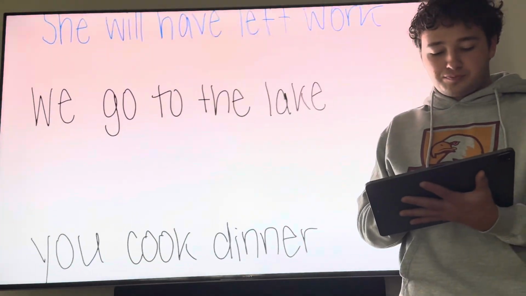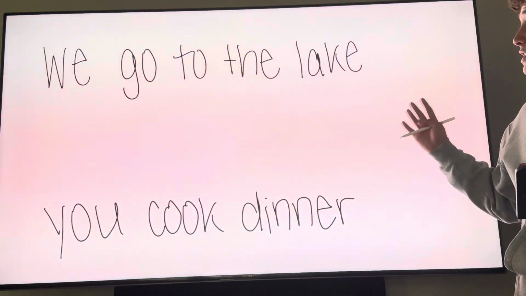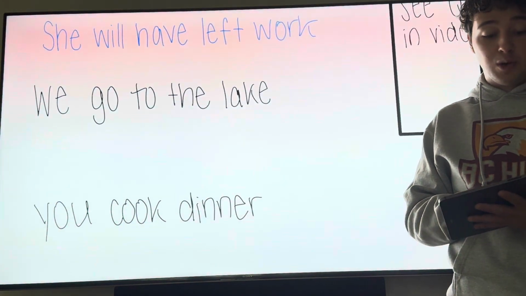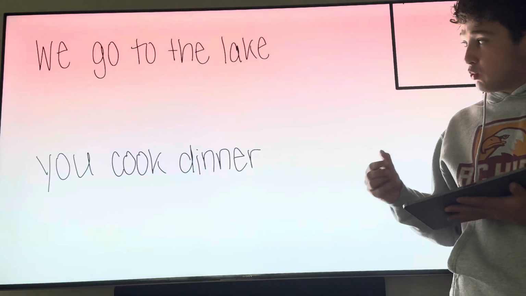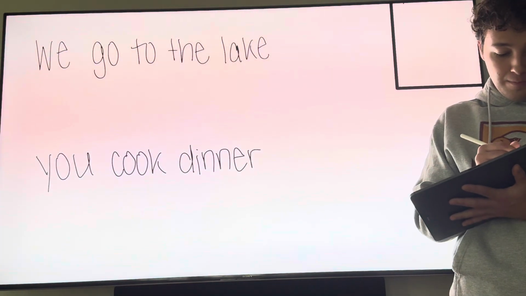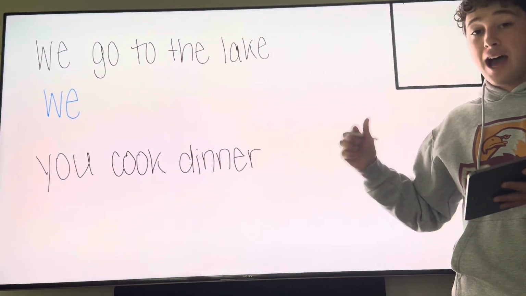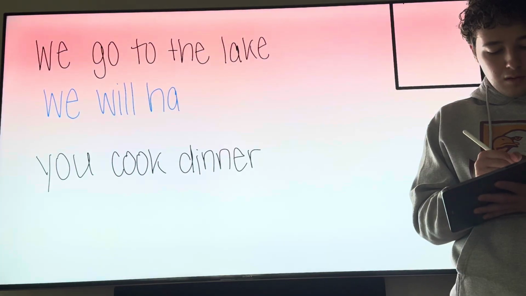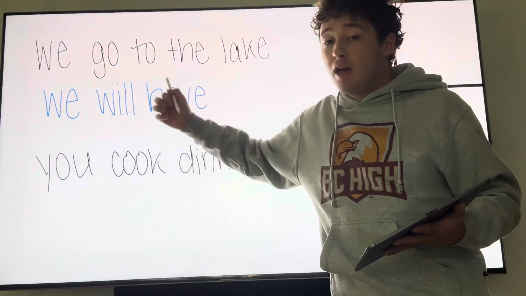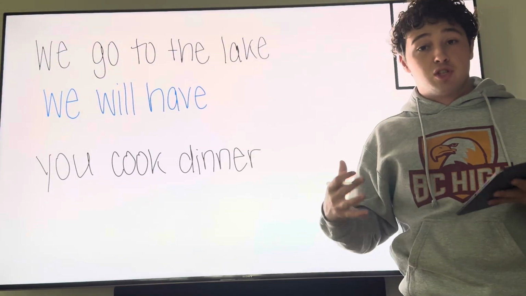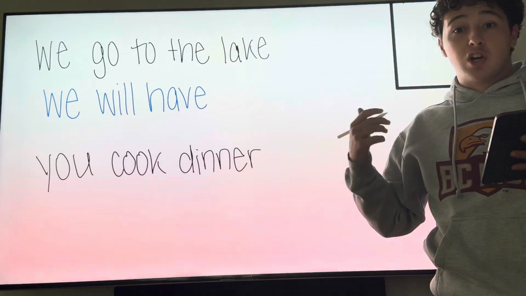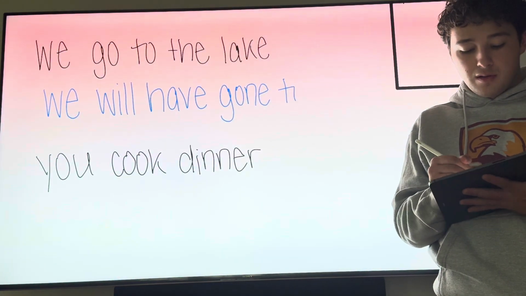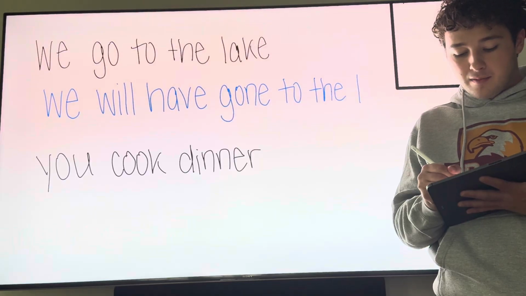Let's continue. We go to the lake. How would you format that in the future perfect? We go to the lake would be, you take down we, then you always add will have, and then for go, the past participle for this is gone. We will have gone to the lake.